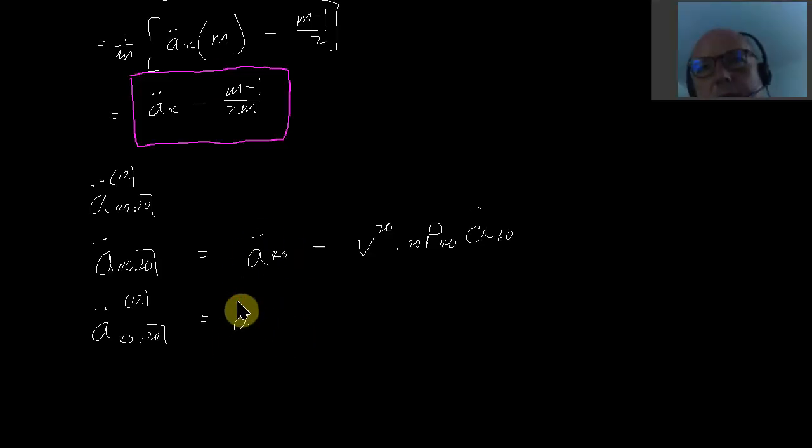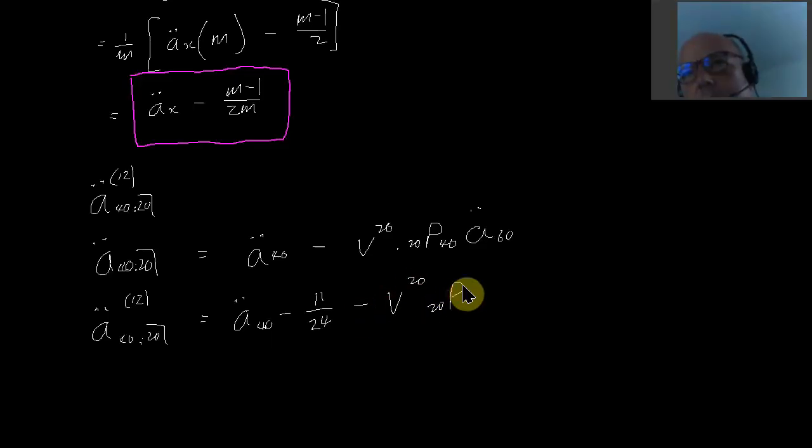Okay, so it's a double dot 40 minus 11 over 24, minus v to the 20, 20p 40, a double dot 60 minus 11 over 24, but that is substituted there. So this minus 11 over 24 gets multiplied by this.